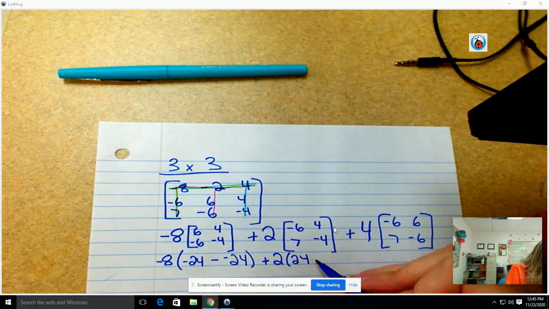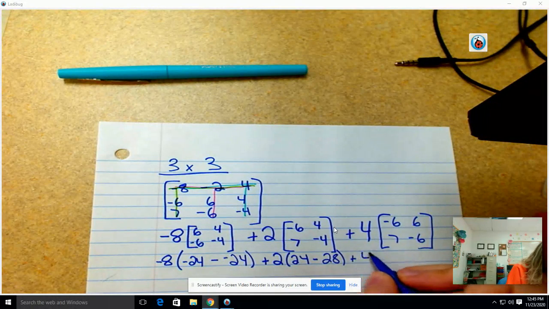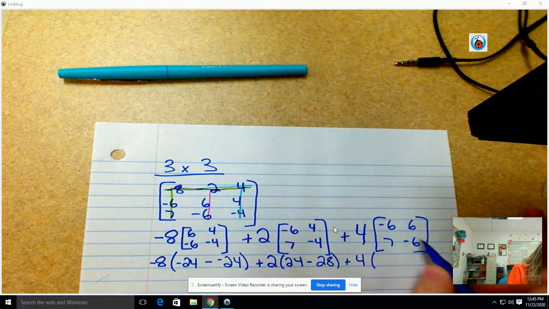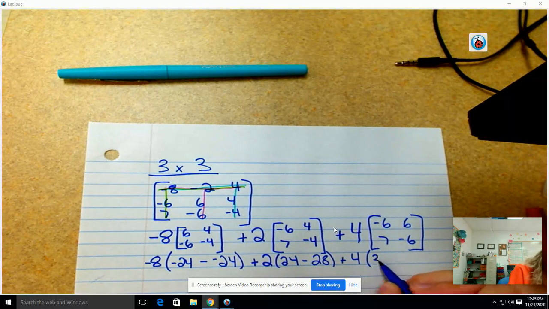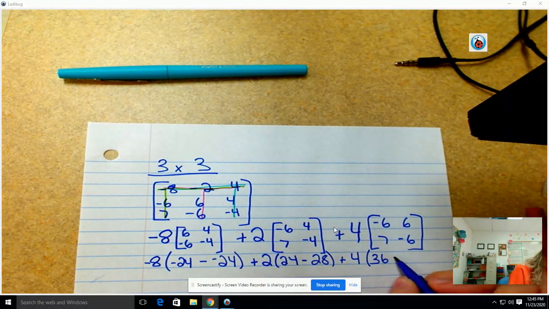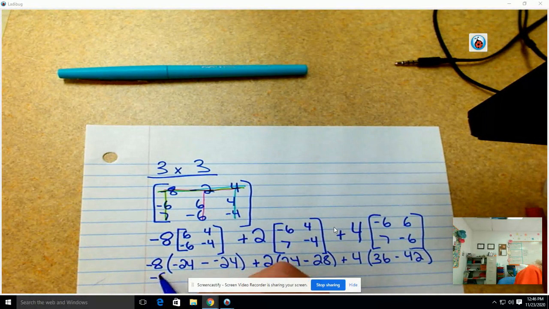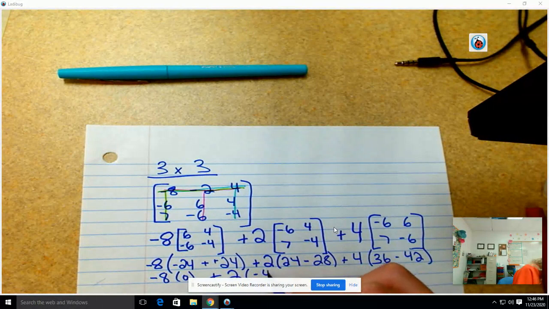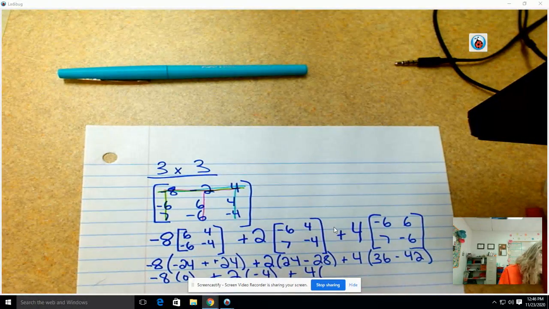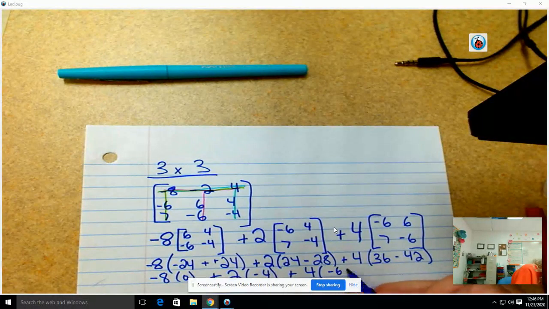7 times 4 is 28, so -28, plus 4, and that's going to give me -6 times -6 is 36. 7 times 6 is 42, so -42. So this is going to give me -8 times 0 plus 2 times -4 plus 4 times 36 minus 42, which is -6.